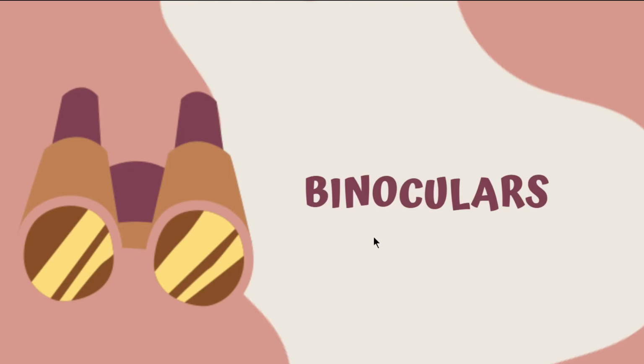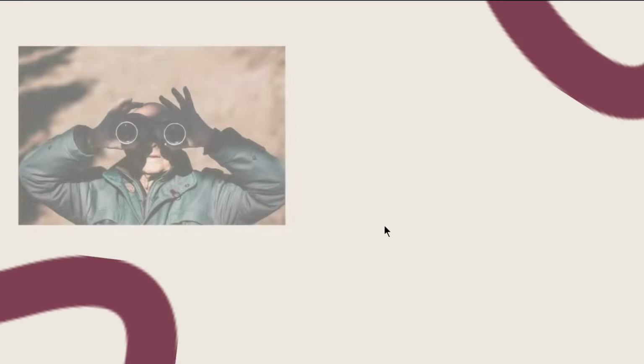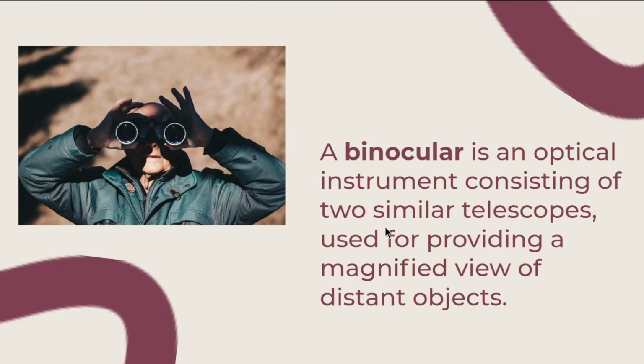So, halimbawa, gusto mo makita ng image na nasa kabilang bundok. Yan, pwede mong medyo mapalapit yung image na yon with the help of a binocular. A binocular is an optical instrument consisting of two similar telescopes used for providing a magnified view of distant objects. So, parang dalawang telescope yan kasi tig-isang tube kada mata natin.